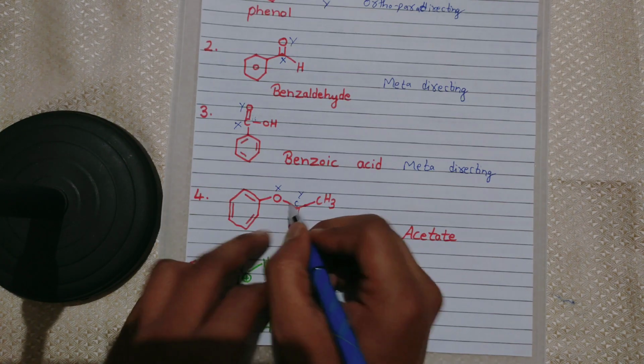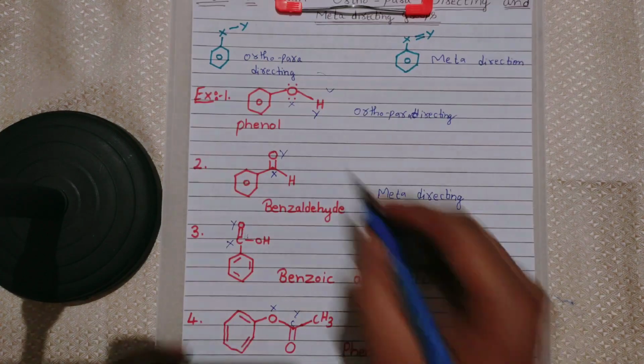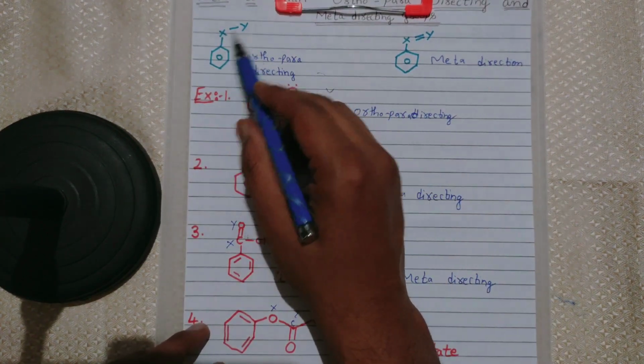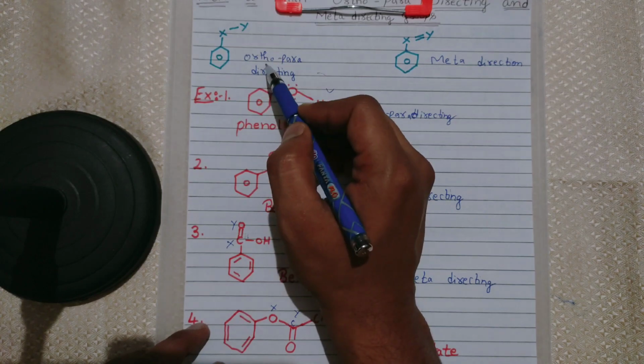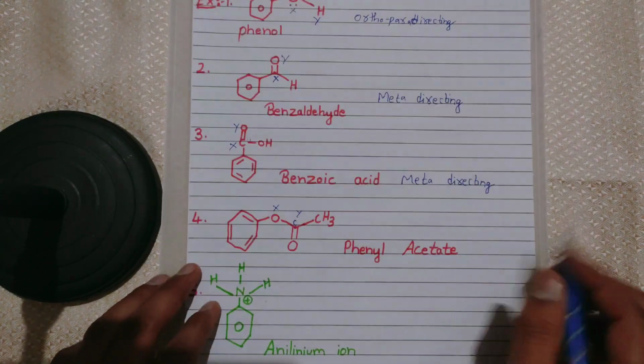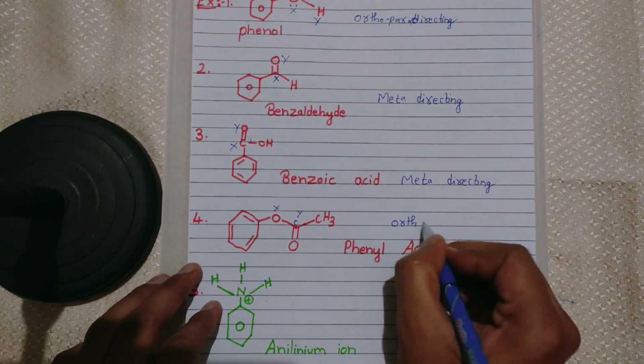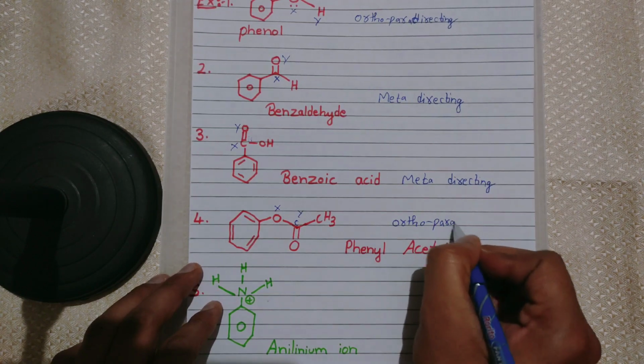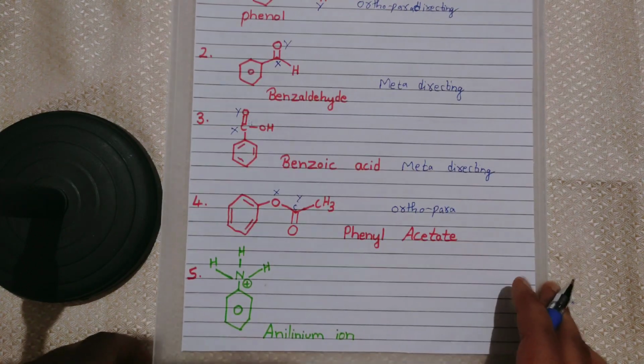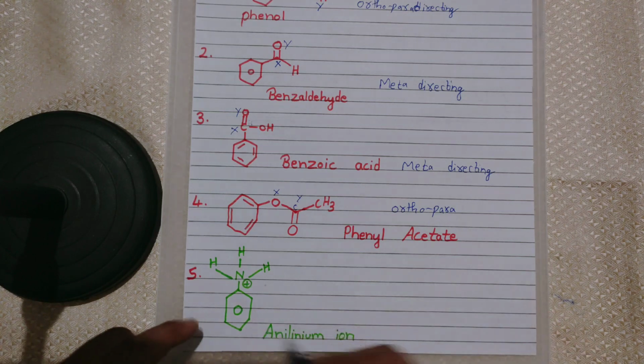Single bond. What I told you is that if you come across a compound with a single bond between X and Y, it is an ortho-para directing group.